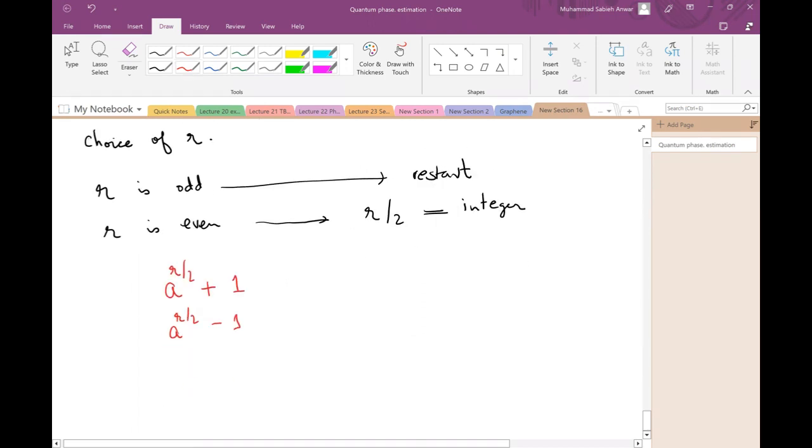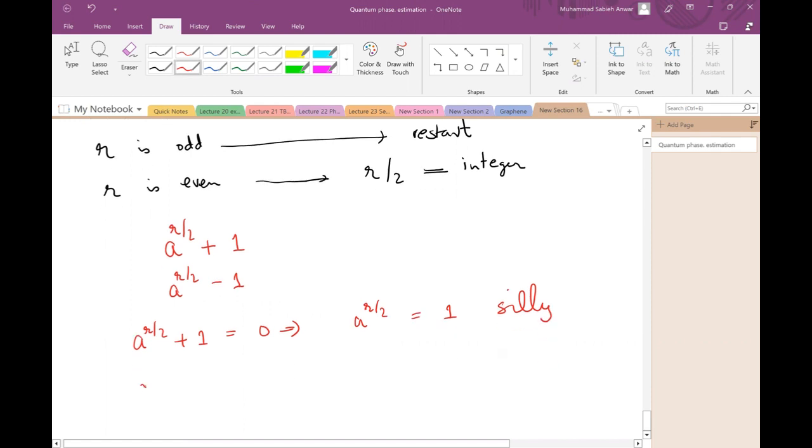And if neither of them is 0, which is not possible, because a^(r/2) plus 1 equal to 0 really means that a^(r/2) is minus 1, which is kind of silly, as a is a real number. a^(r/2) equals 1 means that r is 0, which is again silly because r is some number greater than 1.